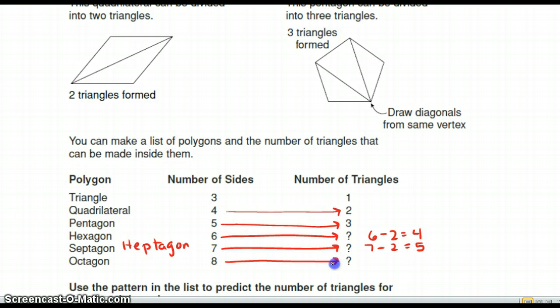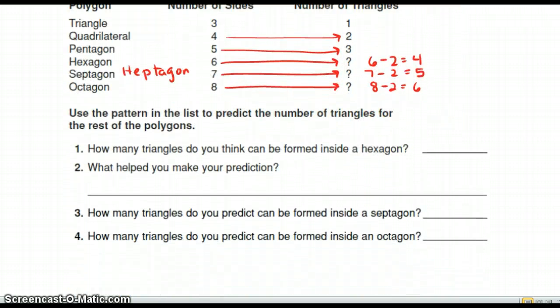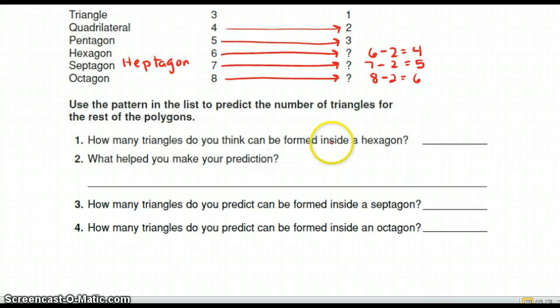And then octagon number of triangles would be 8 minus 2, which would give me 6. So let's look at our pattern. How many triangles in a hexagon? Well, there's 4, because 6 minus 2 equals 4. How many triangles in a septagon? Well, septagon has 7 sides. Minus 2 gets me 5.